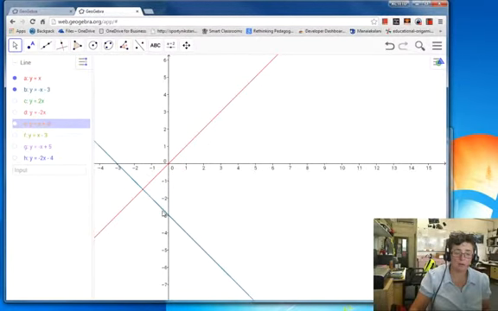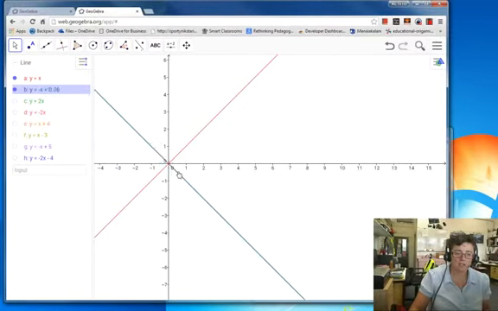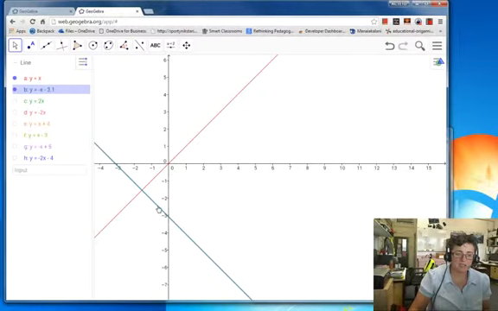So we know this line, usually we see it up here, y equals minus x. But if I translate it down and make it go through here, it doesn't matter, y equals minus x minus 3 is this line that passes through here. But most importantly for this exercise, we're looking here that it forms a right angle where the two lines meet.